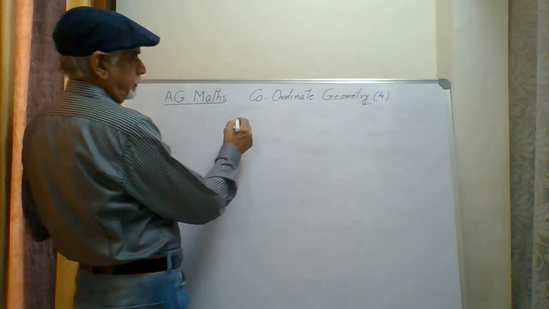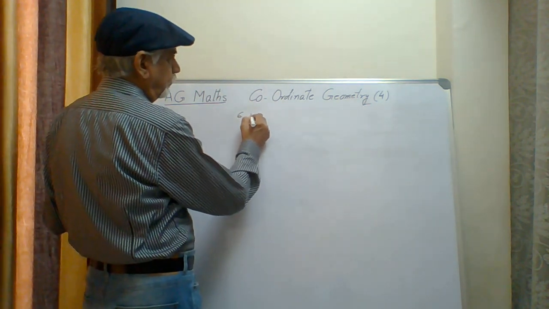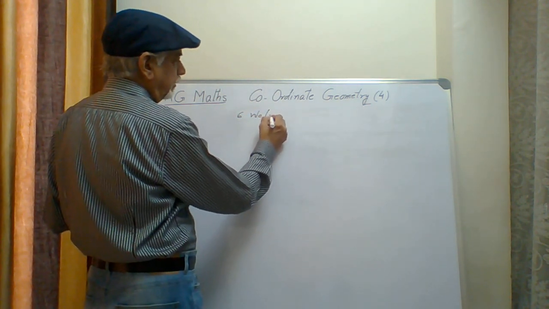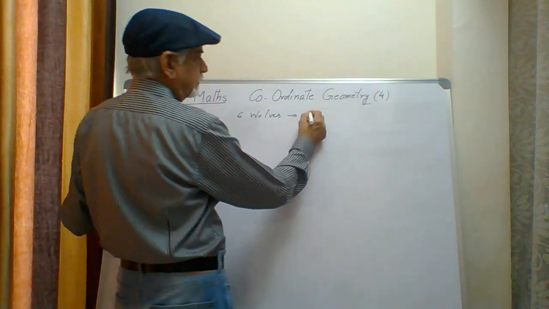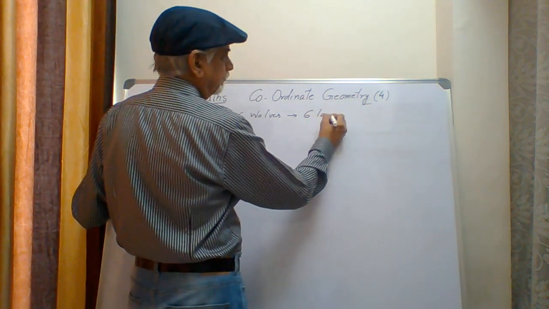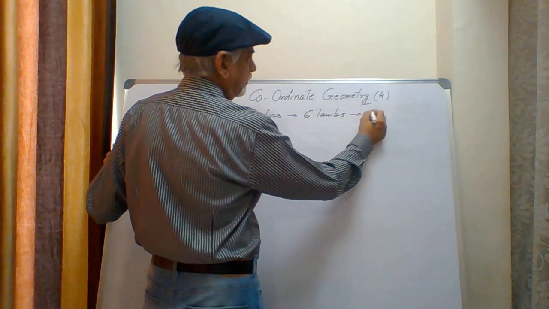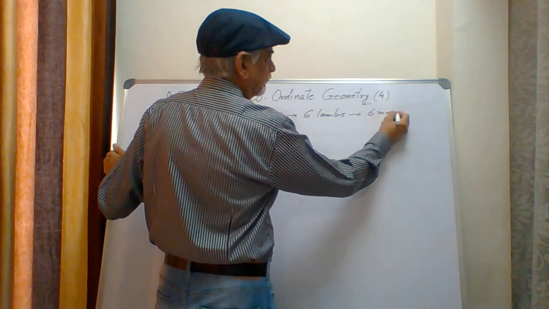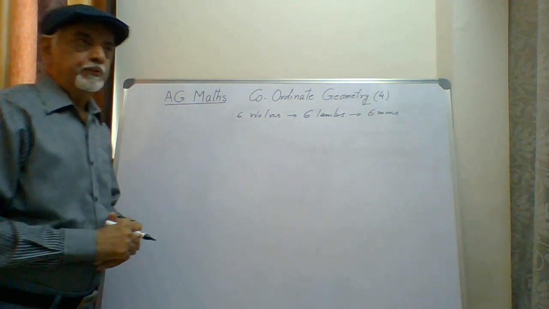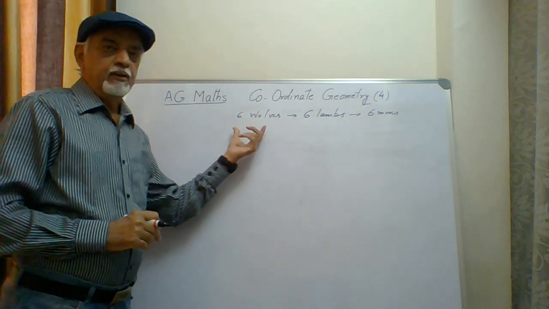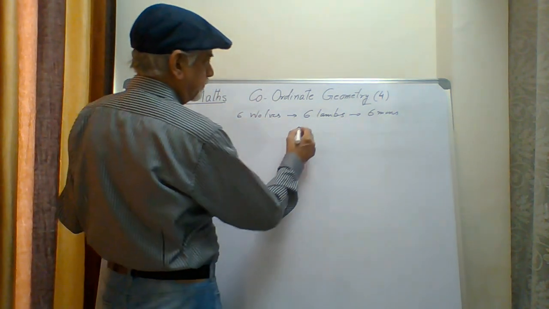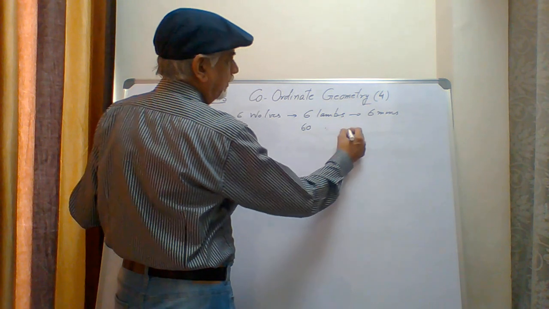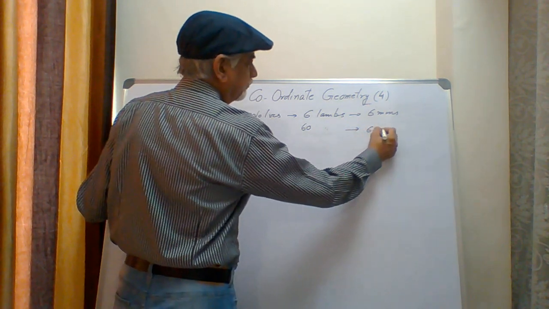So the problem was: 6 bulls were catching 6 lambs in 6 minutes. I wanted you to find out how many bulls are required to catch 60 lambs in 60 minutes.